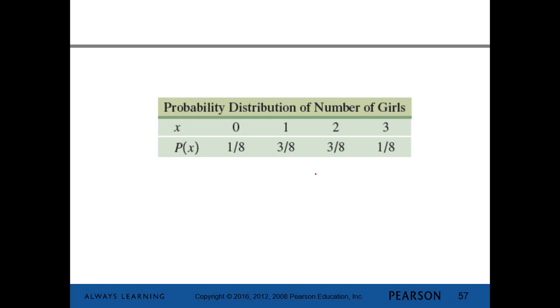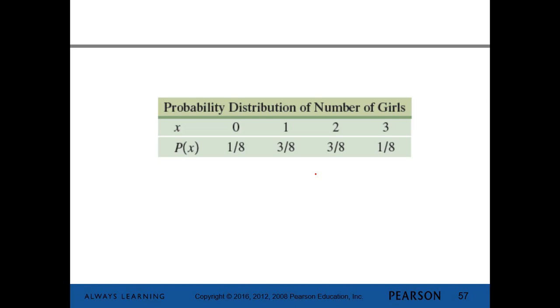So this is a binomial experiment, which means that the expected number of girls in this case is going to be n times p. The probability of getting a girl is 1/2, and the number of children is 3.